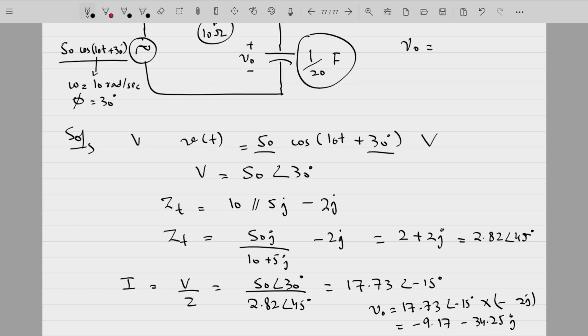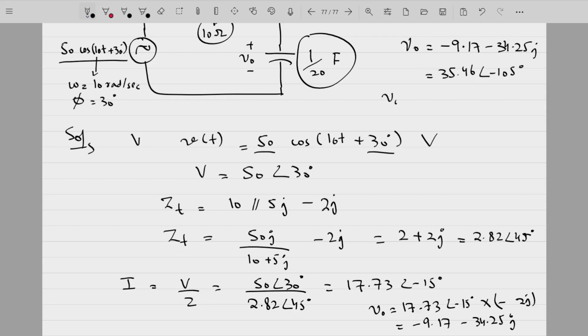V नॉट आपका जो आया minus 9.17 minus 34.25J. You can again put it in the polar form. Polar form में ये 35.46 angle minus 105 degrees आएगा.